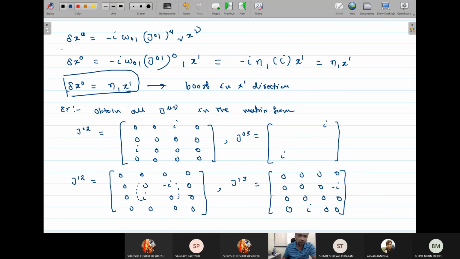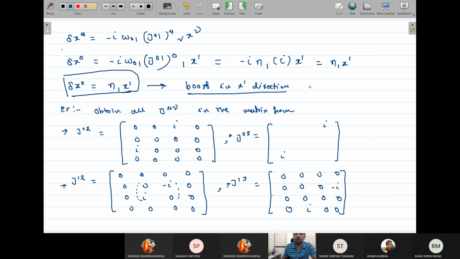But before doing this, you should calculate all these matrices. Then you will get this, because in general this is just delta x0. Similarly, you can calculate delta x1, delta x2, delta x3, etc., for a given transformation. So here, what is the transformation? Here it is the boost along the x1 direction.